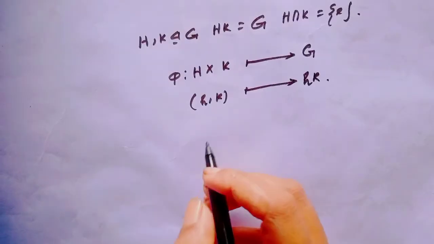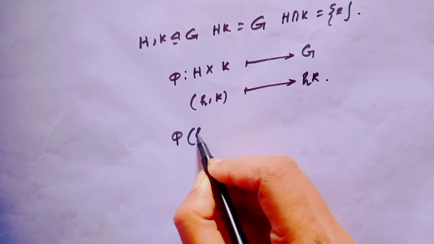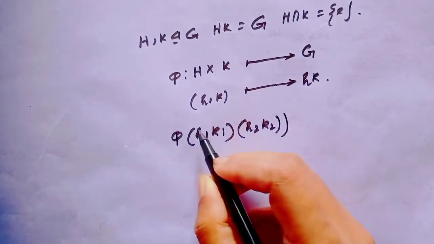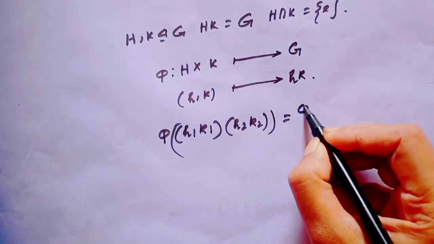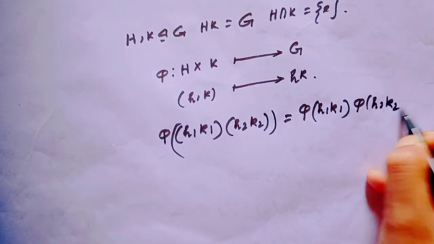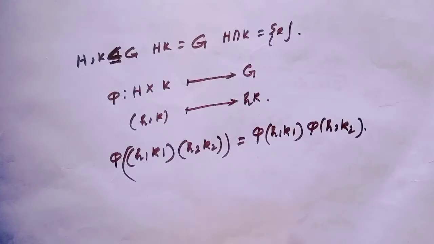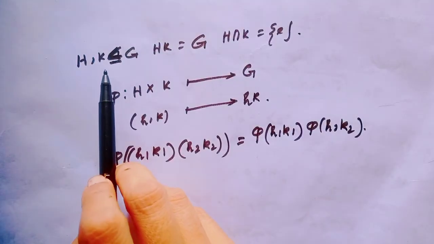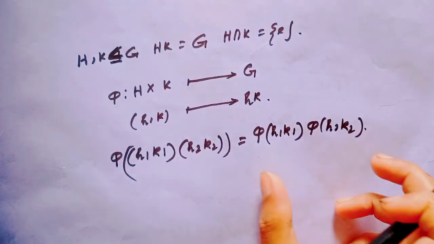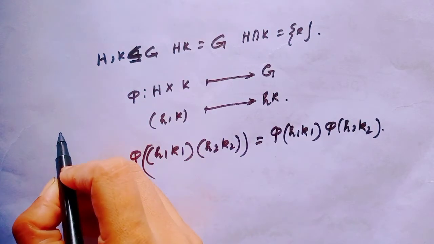Okay? We have to prove this map is a homomorphism. That means we have to prove phi of (h1 k1)(h2 k2) equal to phi of (h1, k1) times phi of (h2, k2). Okay? Now we need to find a group law. And here notice, given H and K are only subgroups of capital G. But for this proof, we have to assume at least one subgroup is normal.